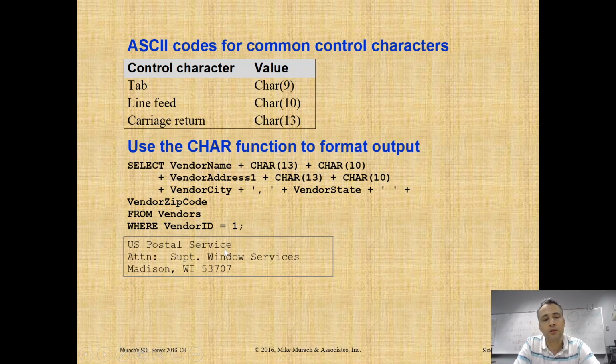I think you will see exactly the same output even without character 13, carriage return. I did not check that, but that's my feeling about it. So when you concatenate various columns, you can use character 13 and character 10 to shift to the new line. And that's about it for chapter 8.